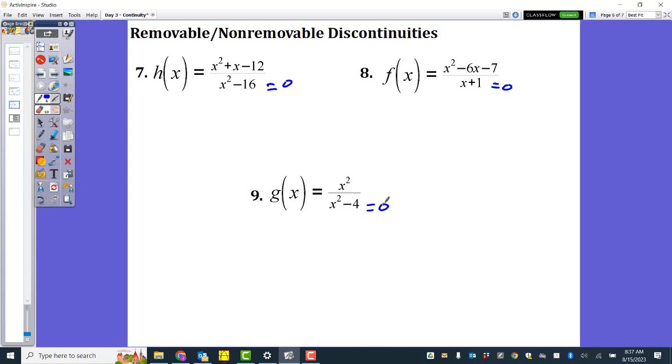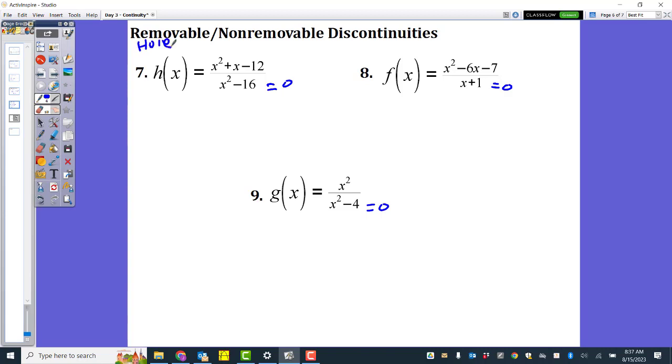Now, this leads to two different types of discontinuities. A removable discontinuity and a non-removable discontinuity. A removable discontinuity is one in which if we put a point on the graph where the discontinuity was, it would be continuous. In other words, the limit still exists, or there's just a hole.